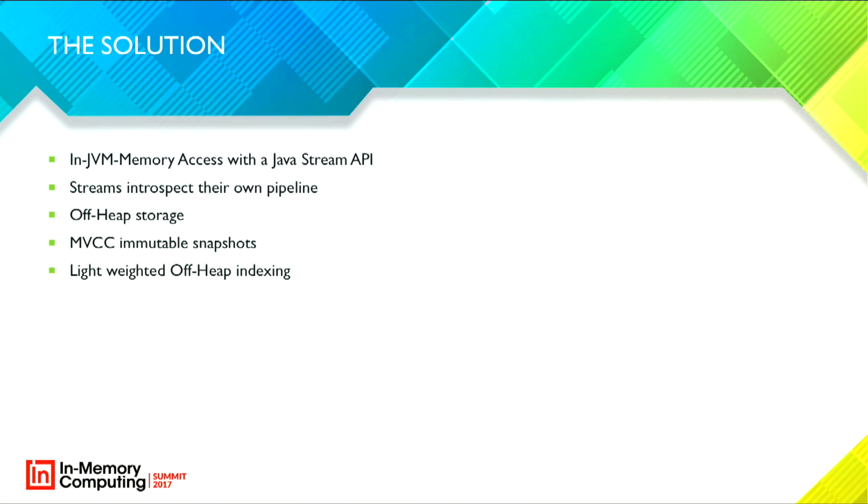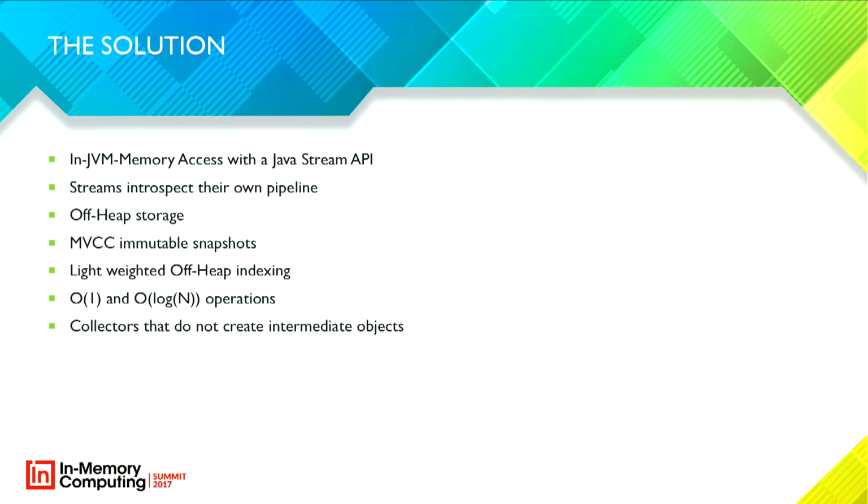And there is also lightweight off-heap indexing, because if you have all your data off-heap but your index on-heap, that wouldn't make much difference anyhow. And our operations are order 1 or order log n. So if your data size grows, the complexity of the operation doesn't grow, or it grows only very slightly.